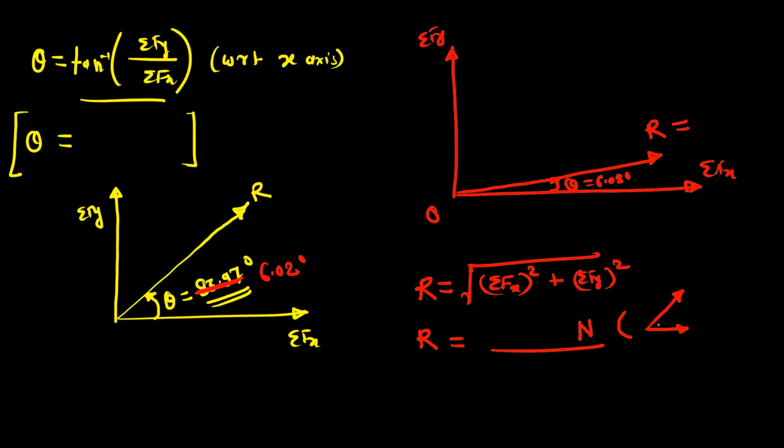And this is the angle, that is theta, which is equal to 6.08. So with this sign, we can understand the resultant is in the first quadrant.